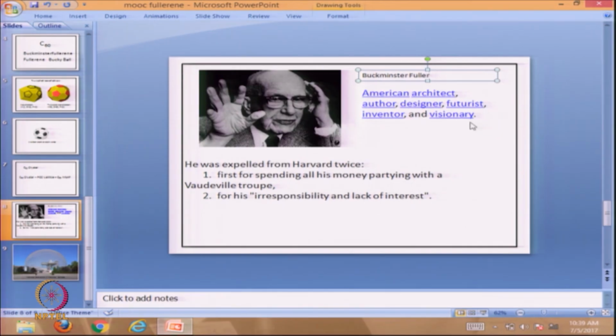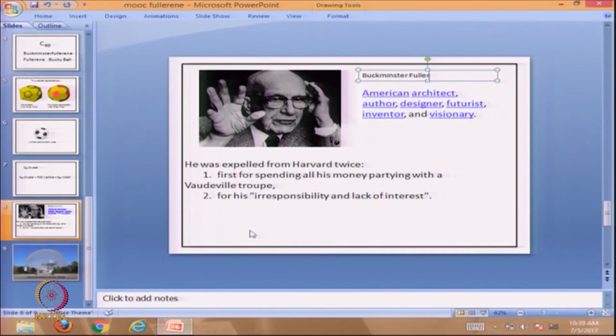He excelled in many different fields, although he never graduated from Harvard University, where he went to study, and was expelled twice during his stay there, once for spending all his money on partying and another for irresponsibility and lack of interest. So, if any such accusation is made against you by your university, do not feel disheartened, you are in good company. But why was the molecule named Buckminsterfullerene?